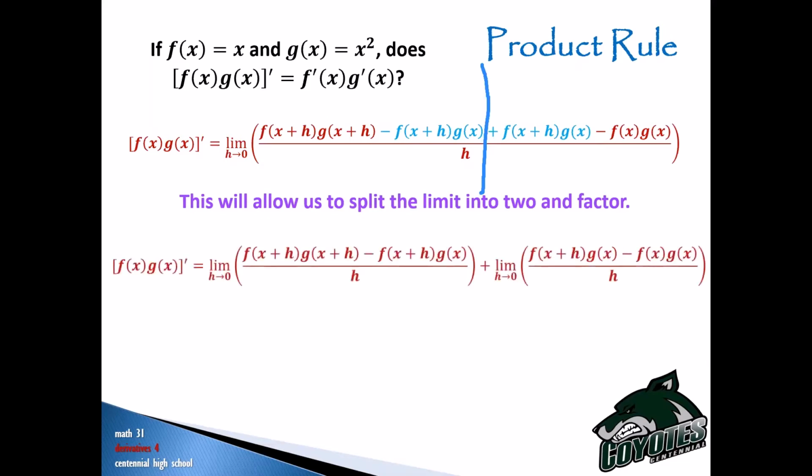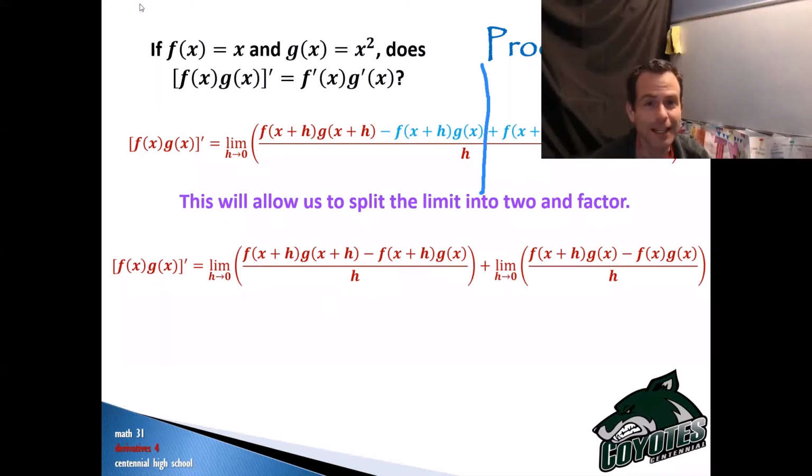Okay, so that would end up looking like this. I just took the first half and split it into one limit, and I'm adding the second half as a separate limit. Okay, all allowable moves to make. I'm going to bring myself back so you can see me smiling at you, and you know it's all going to be okay. So all I've done there is I've split it into two limits that are being added together.